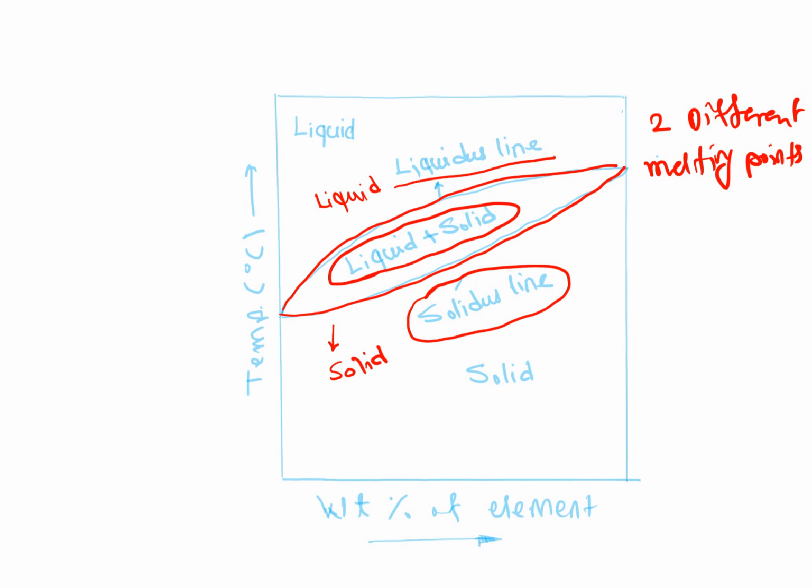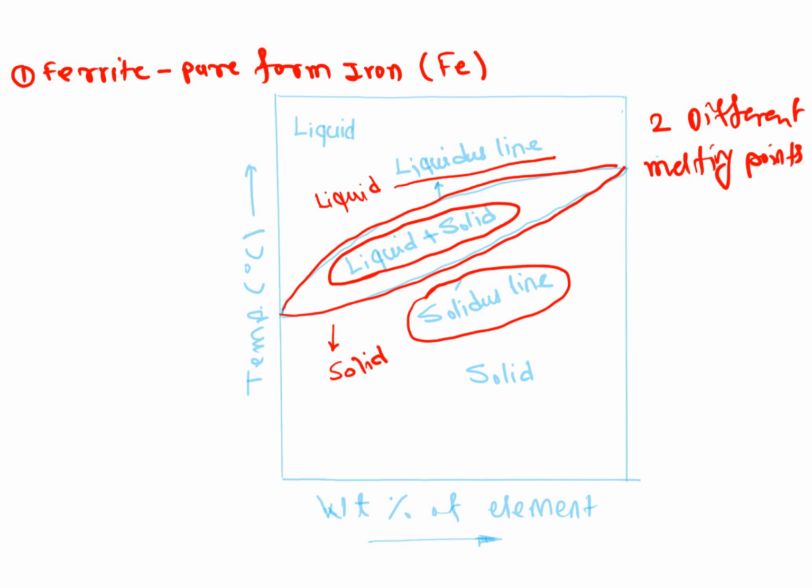I also want to tell you some names that we are going to discuss in the iron-carbide diagram. First is ferrite. Ferrite is a pure form of iron, that is Fe.